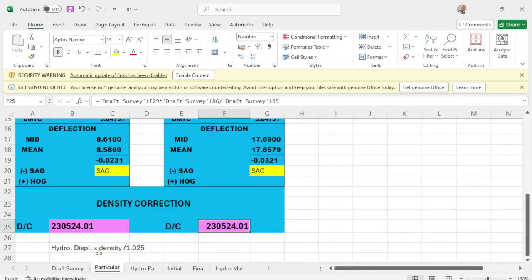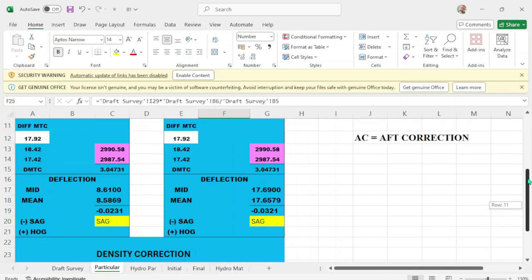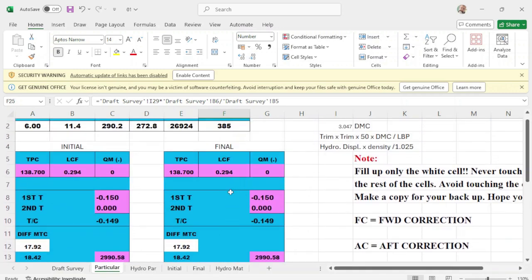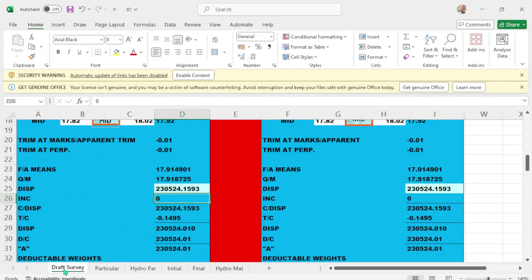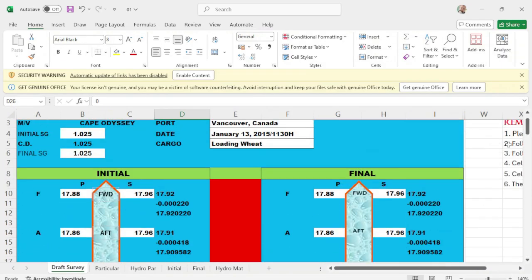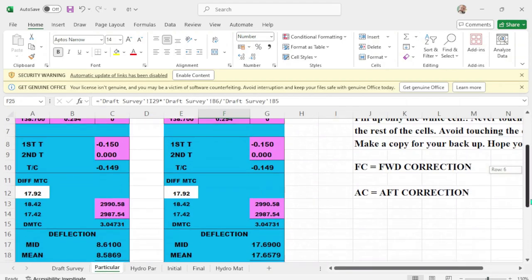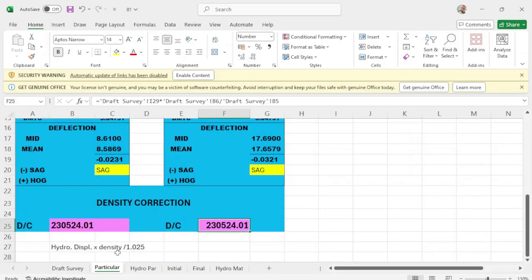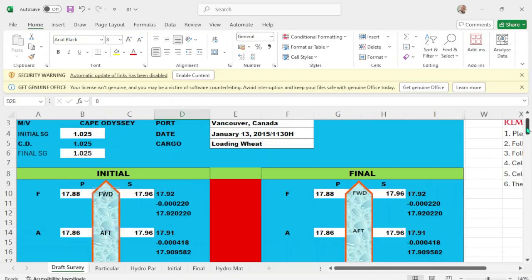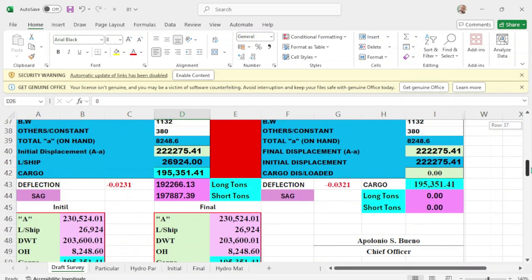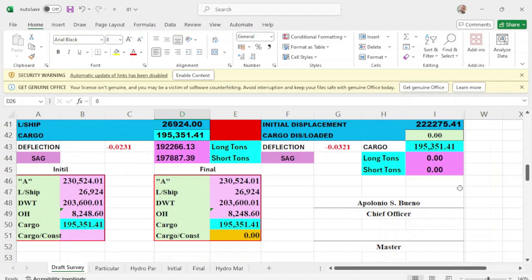Then it says here, times your density, since you are now using the final draft, you go to your draft survey, and your density of your final is 1.025. And next, you divide over 1.025, then you get the value of this density correction. So they have the same value. That's why the results of your cargo is the same.